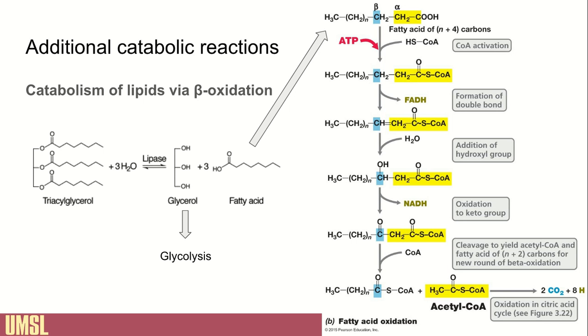So glycerol is something that can immediately be put into glycolysis through a single preparatory reaction, and it actually makes dihydroxyacetone phosphate, which is one of the 3-carbon precursors that essentially begins stage 2 of glycolysis. Now, fatty acids are a different beast. They're a different molecule and require different biochemical reactions to break them down.